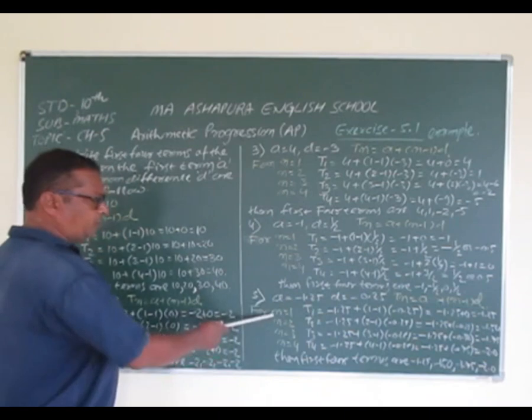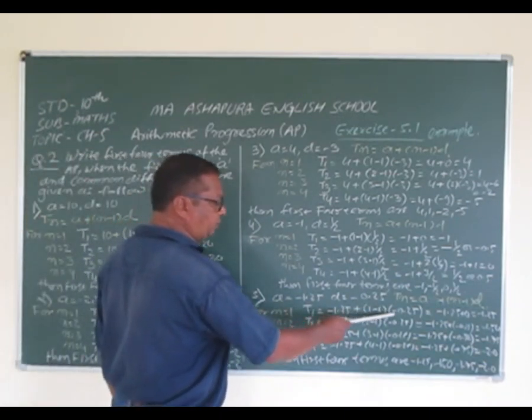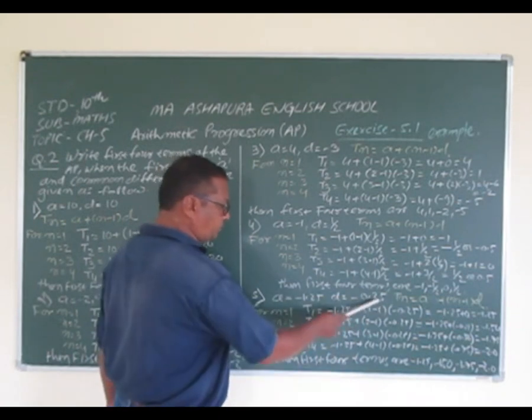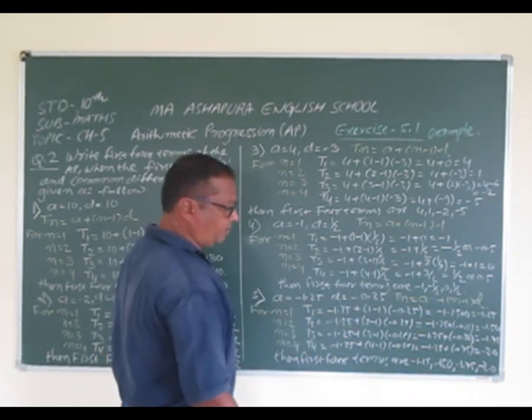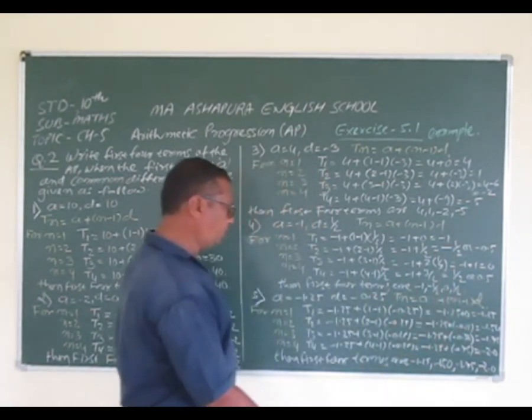So n is equal to 1, T1 is equal to minus 1.25 plus 1 minus 1 into 0.25, but 1 minus 1 is equal to 0. Then our answer is minus 1.25 plus 0, which is equal to minus 1.25.